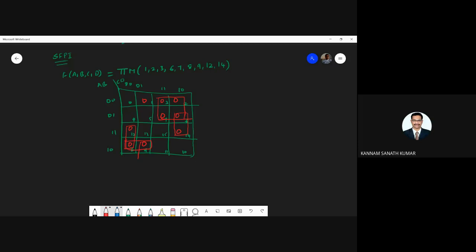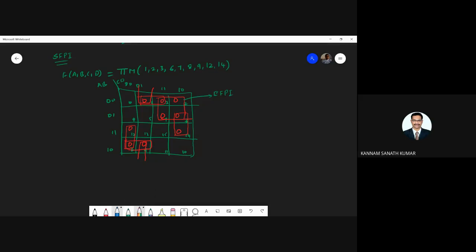So here, you have to identify the essential prime implicant and the selective prime implicant. See here, this quad covers at least one zero which is not covered by any other prime implicant. So this is nothing but essential false prime implicant.